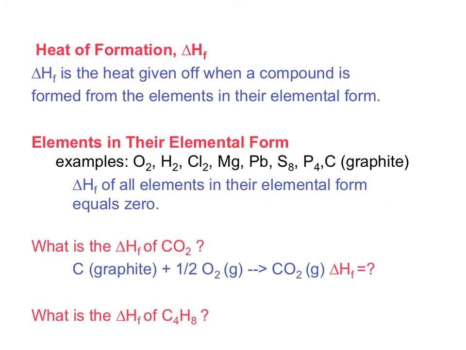Sulfur turns out to be in a ring of 8 sulfur atoms. That's the elemental form, the yellow form of sulfur. You can see lots of photographs of yellow sulfur if you Google that. Phosphorus is P4, a kind of tetrahedral shape. And then carbon is graphite.